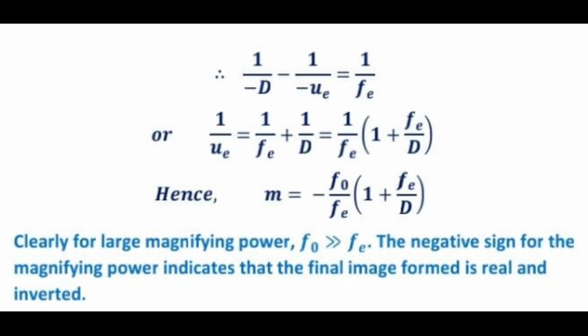So we have the answer for the magnification: m is equal to minus f_o over f_e multiplied by 1 plus f_e divided by D. It is clear from the expression that f_o has a large value compared to f_e, and the negative sign for the magnifying power indicates that the final image formed is real and inverted.